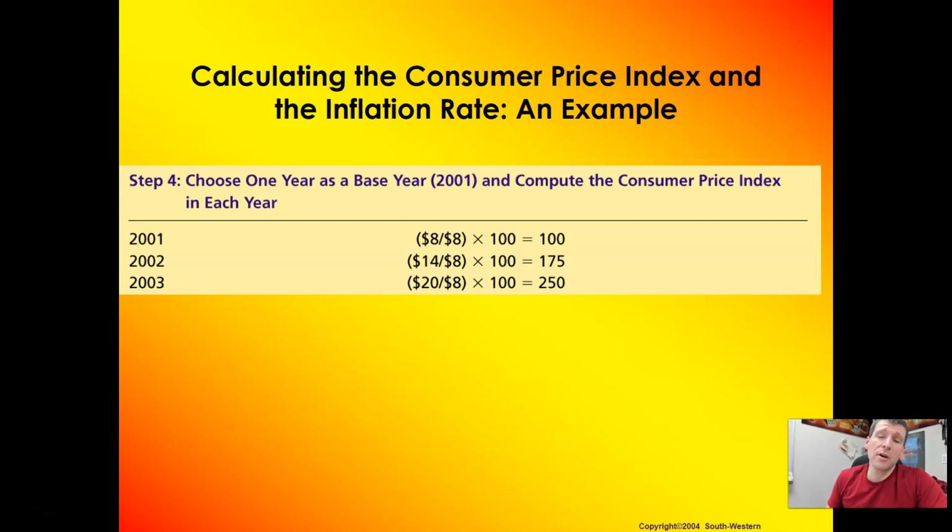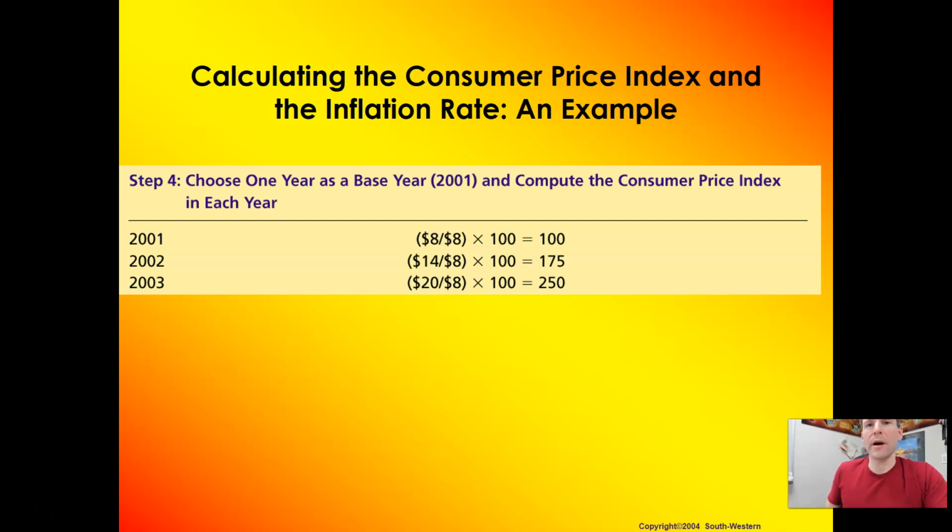If we're going to use 2001 as our base year, we already know the price index is 100. So $8 divided by $8 times 100 gives us 100. In 2002, the market basket was $14. We divide by the market basket in the base year of $8, and then we multiply by 100.